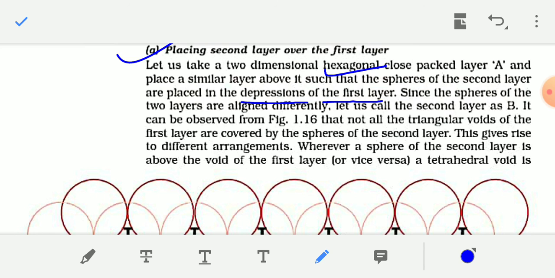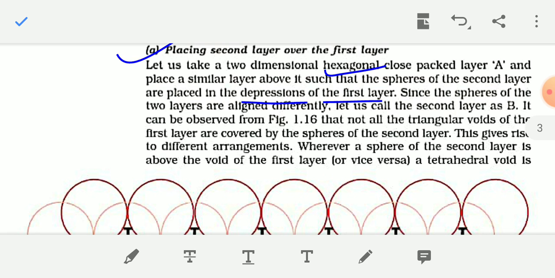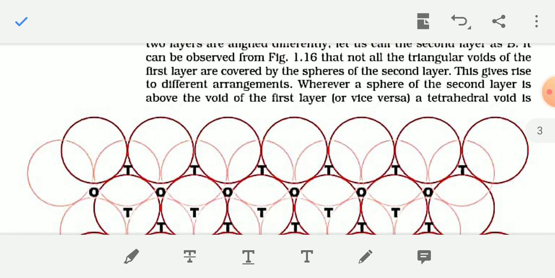Since the spheres of the two layers are aligned differently, let us call the second layer B. It can be observed from figure 1.16 that not all the triangular voids of the first layer are covered by the spheres of the second layer, and this gives rise to different arrangements.